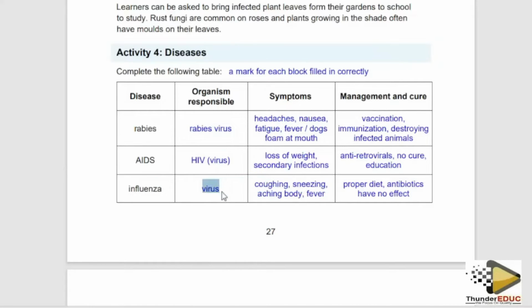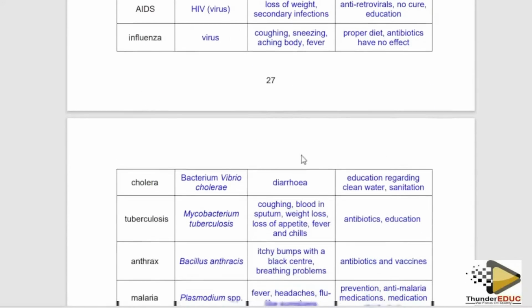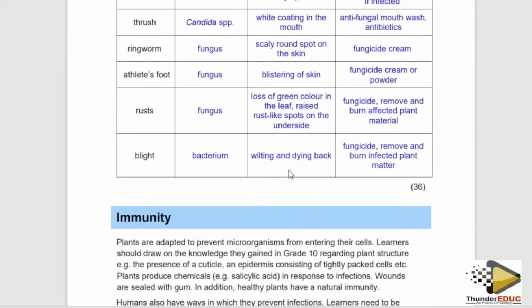The technique is, if we bring HIV, it is going to be a general question where you have to read and extract the answer from the question, so that even if you didn't read it from the book, you are able to answer it. Hence, spend less time on these diseases, because it will cause you to lose too much time.